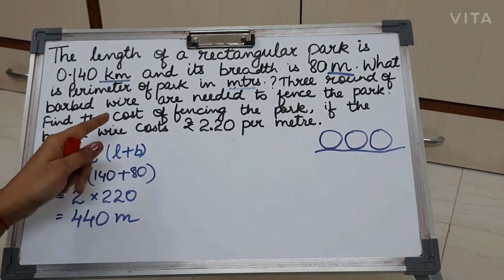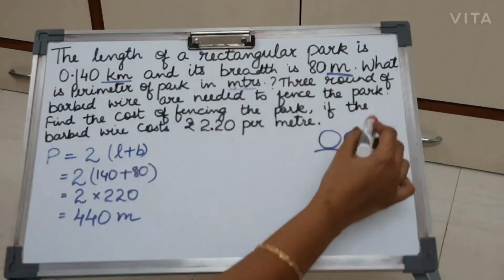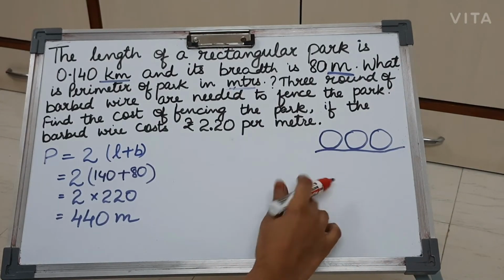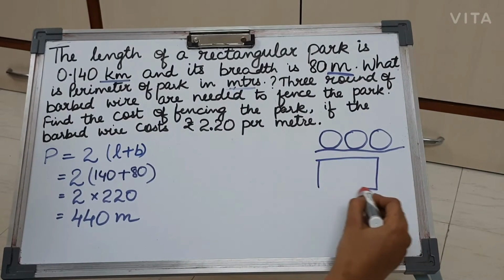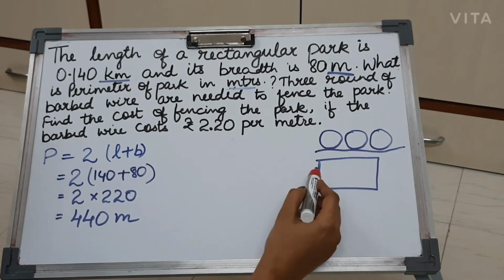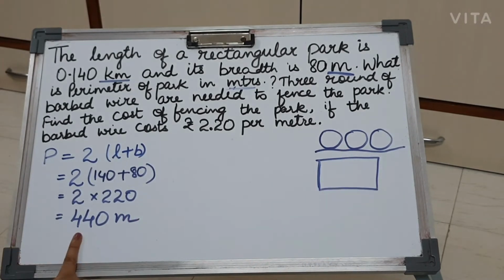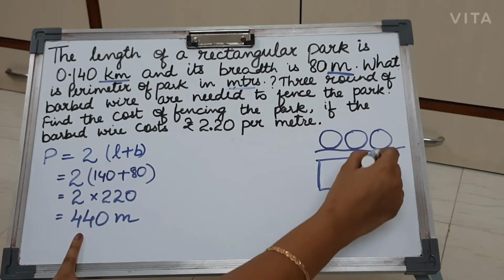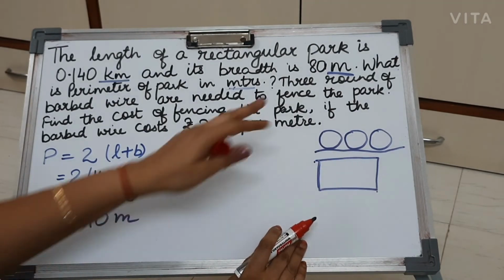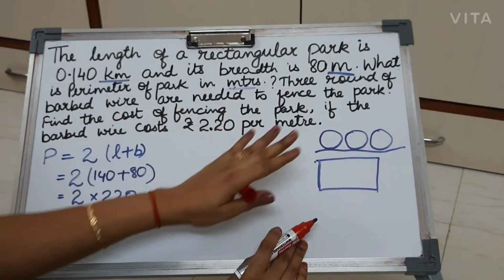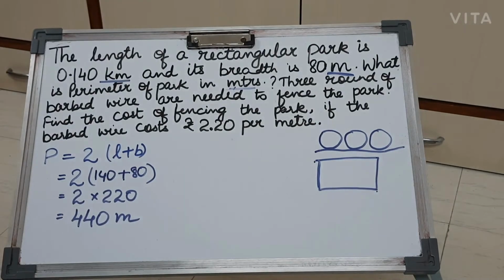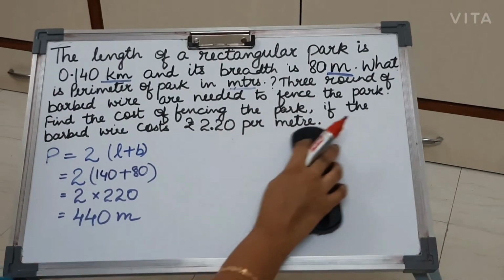It is not written in the question that 3 times we have to go around the boundary of the park. It is not like that. If it were like that, then we would have multiplied here with 3, because 3 times we would be using the wire. It is only to confuse. So okay, 3 rounds are needed. We will not do anything for that.